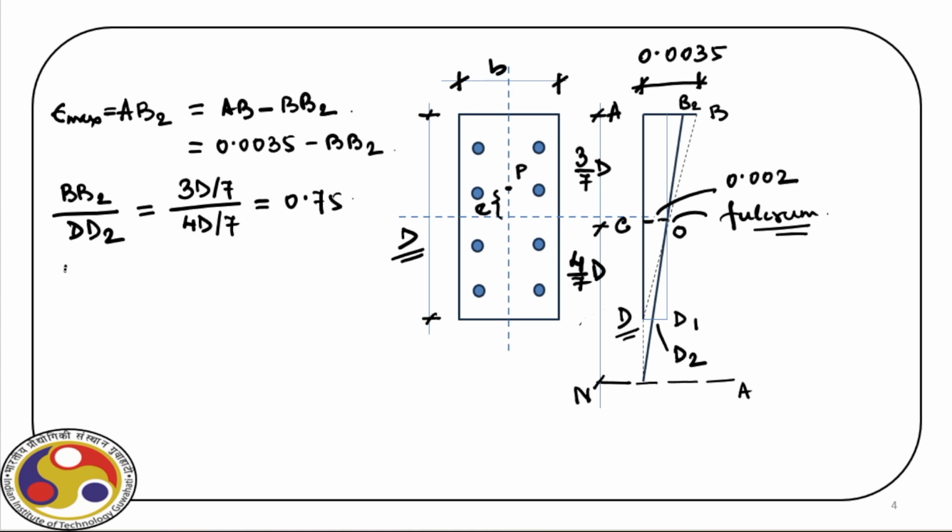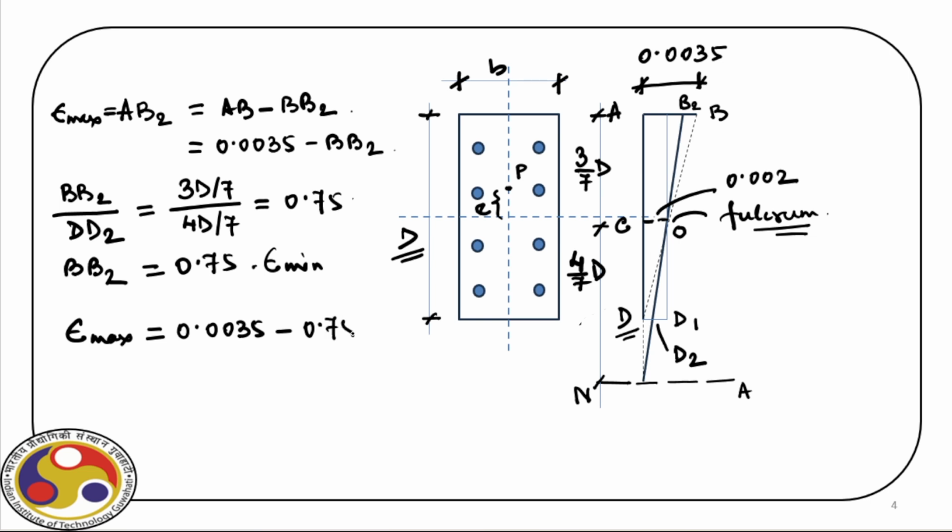So BB2 is equal to 0.75 times epsilon min. Therefore, our epsilon maximum is 0.0035 minus 0.75 times epsilon minimum. Okay. So the first conclusion is done.